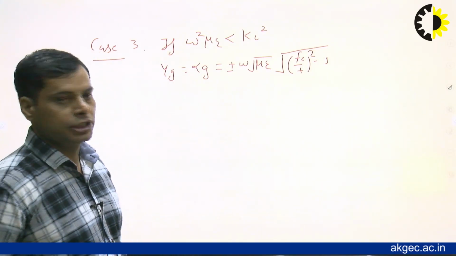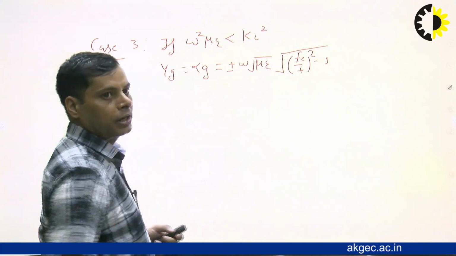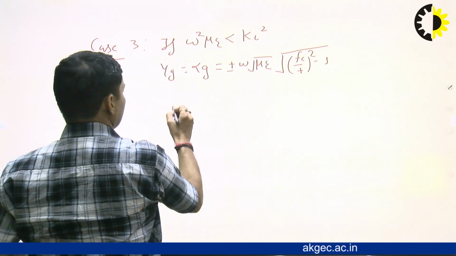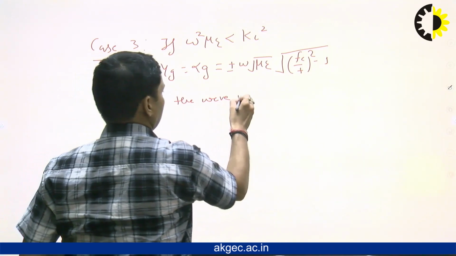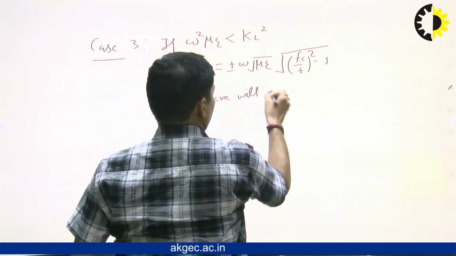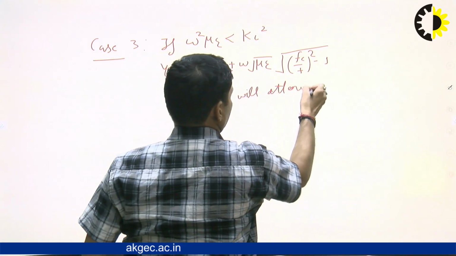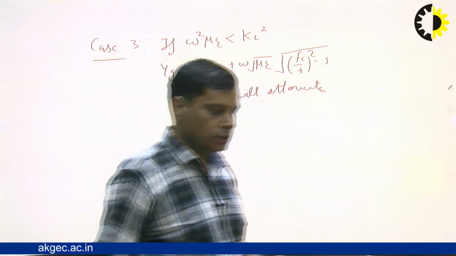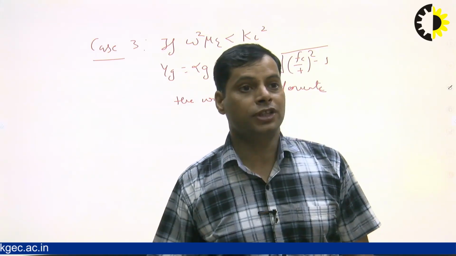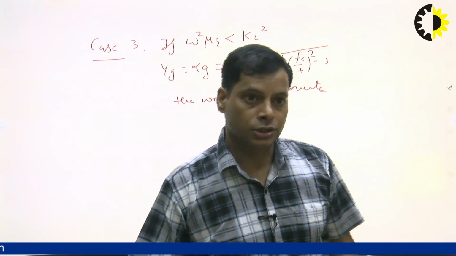In this condition it has only the real part, the attenuation constant. So the wave will attenuate, and the wave will decrease exponentially with the factor of alpha g.